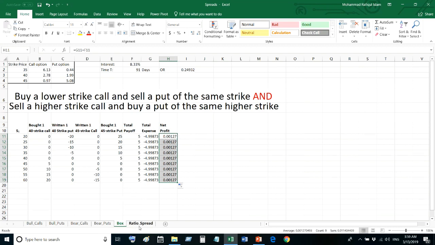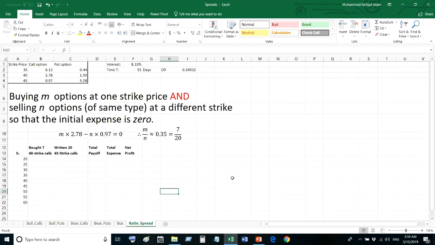Now let's calculate the ratio spread. The ratio spread says buying M options at one strike price and selling N options of the same type at a different strike, so that the initial expense is 0 or approximately 0. So let's say we choose 40 and 45 strikes for call options. We'll make the ratio spread for call options.